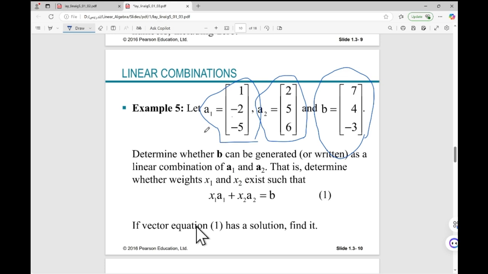So the question is: is B a linear combination of A1 and A2? In other words, can you write B in terms of a linear equation of A1 and A2? So this is the question.